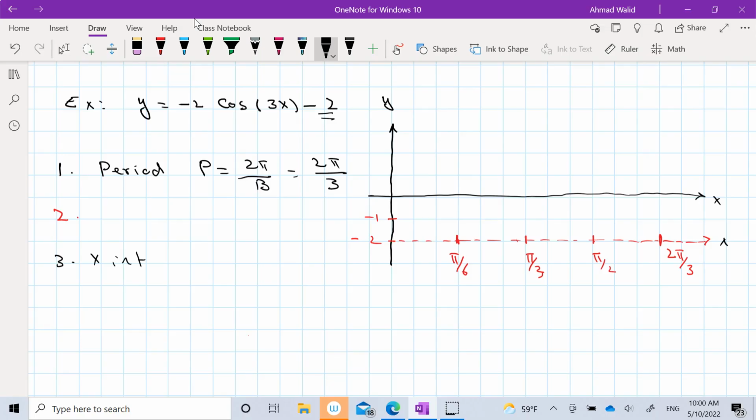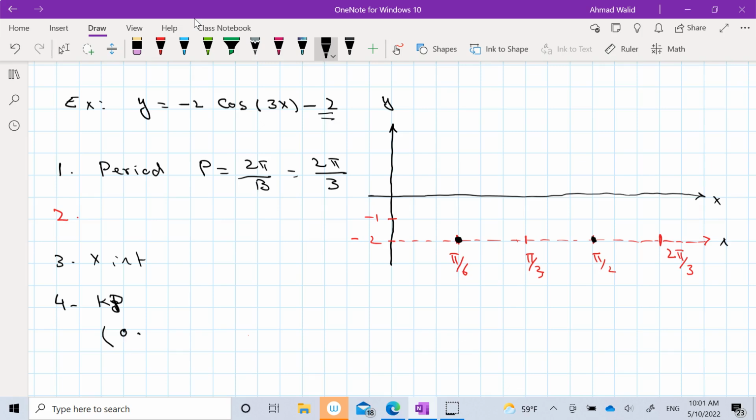Cosine has zeros at quarters, correct? It means at pi over 6 and the next quarter, pi over 2. Step number 4, key points. Key points for cosine are at the ends, correct?